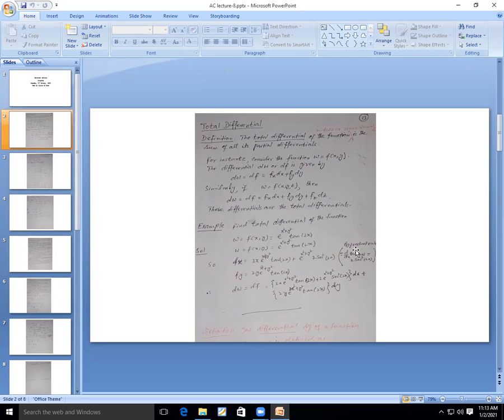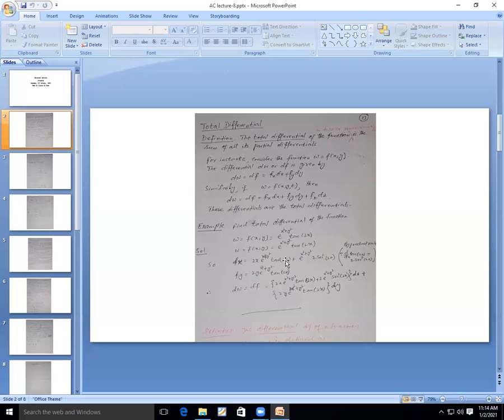So by the product rule, if you remember, the derivative of u times v is equal to the derivative of the first function into the second function, plus the derivative of the second function into the first function. So here your first function is e power x square plus y square, whose derivative is 2x e power x square plus y square.